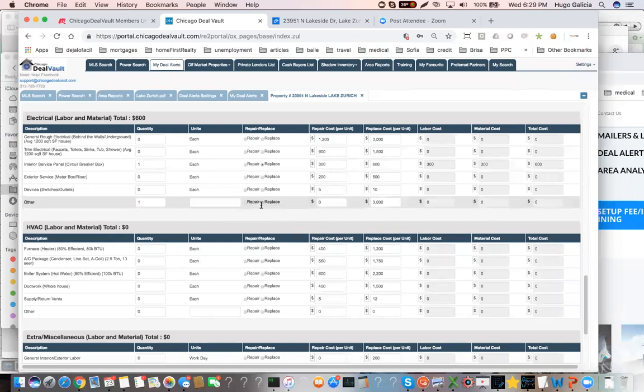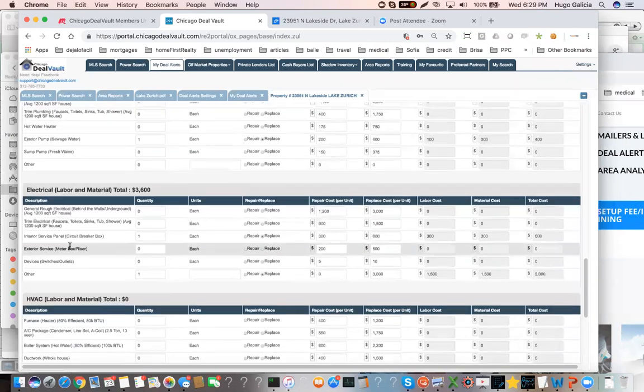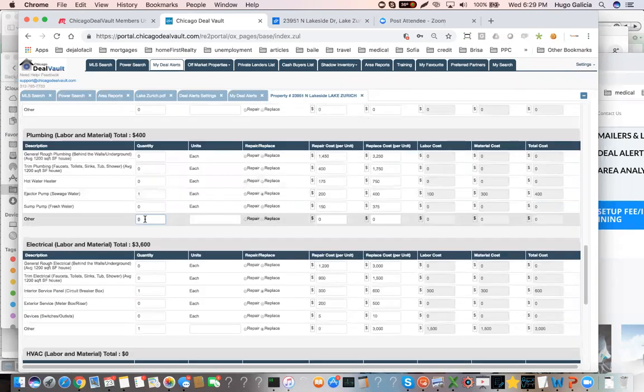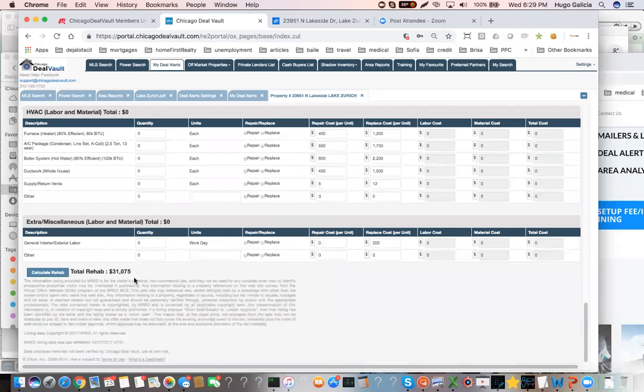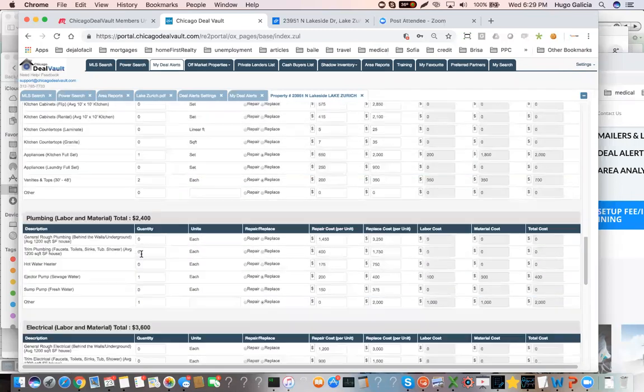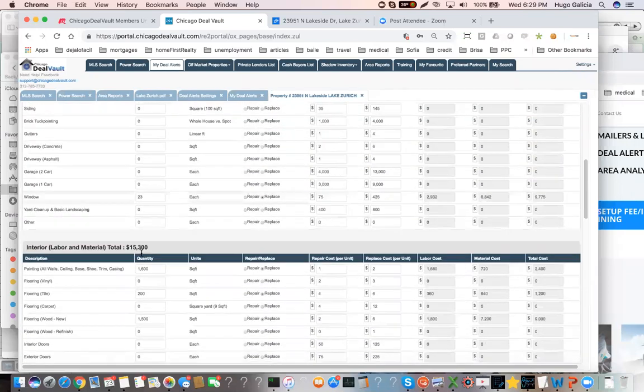And then for plumbing, we also had to spend about 2,000 for some leaks in the property. So here we put replaced and then 2,000, okay? When we look at the total rehab estimate, we're at 31,000, okay?